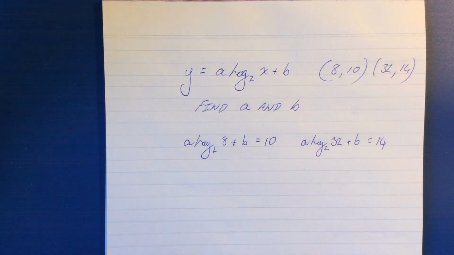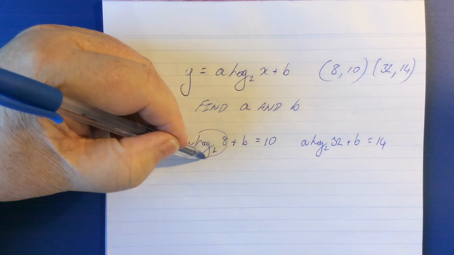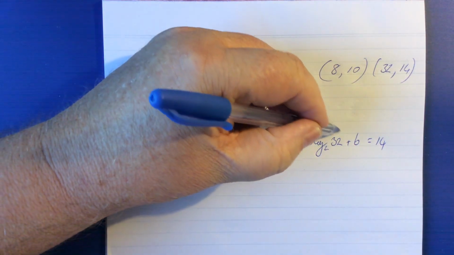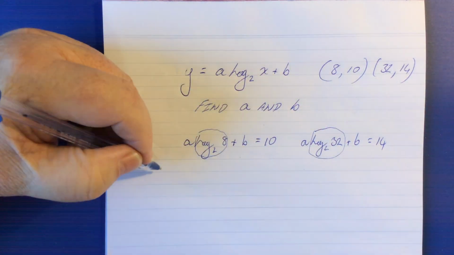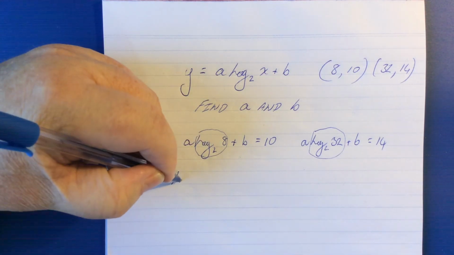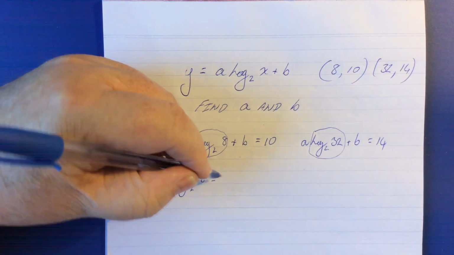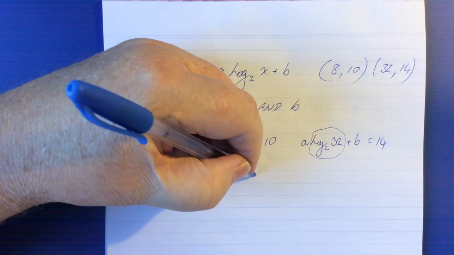Now, what I did to get the correct answer was I took this part of each function and worked out what it was equal to. That's not particularly difficult. I'll do that here.